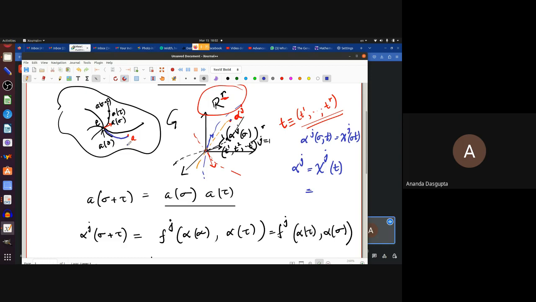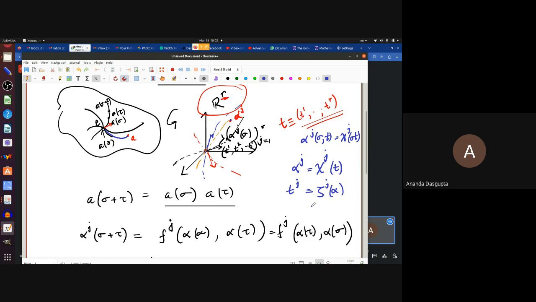In other words, I should always be able, given alpha j, at least given alpha j in the neighborhood of the origin, to find T1, T2, Tr such that alpha j will obey this. That means Tj can be written down as some function, not xi, I've already used xi, zeta j of alpha.